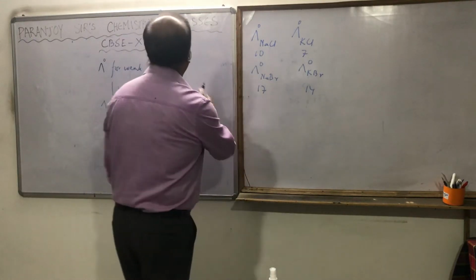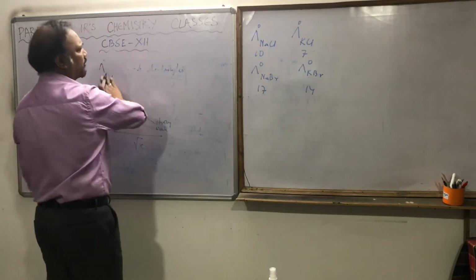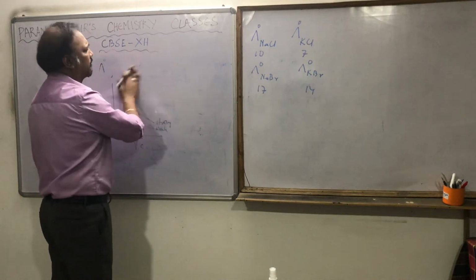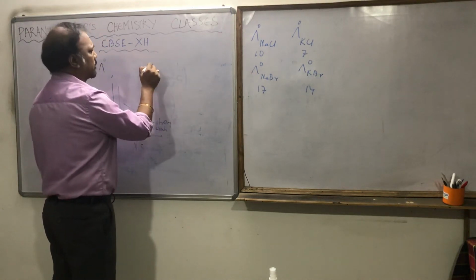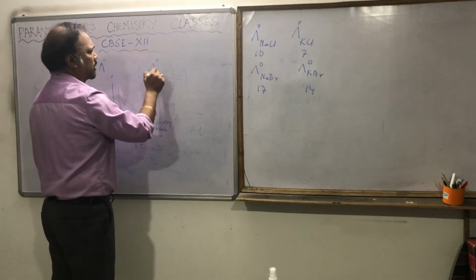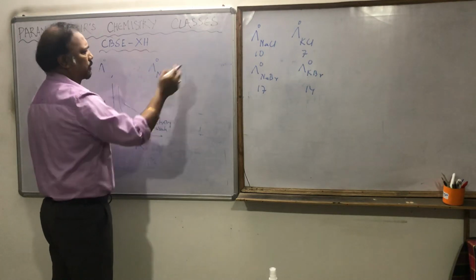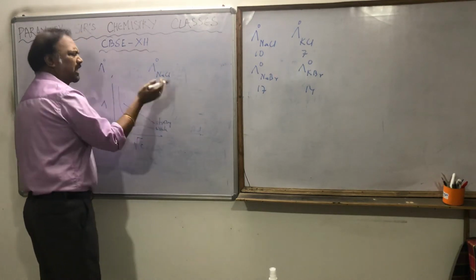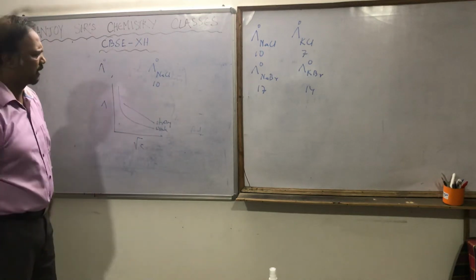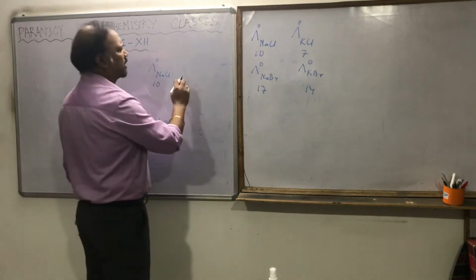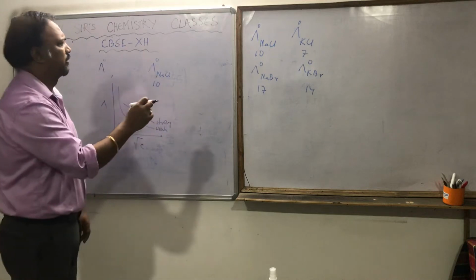I am just writing them over here also. Lambda 0 value for sodium chloride, as I told, suppose 10. It's not that it has to be the same, I'm just supposing.